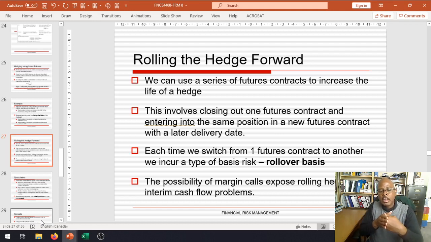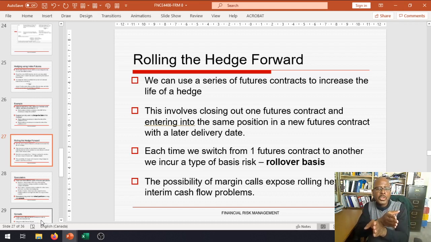If there are no contracts that mature on exactly the day your spot position is going to mature, or if you're not sure when your spot position is going to mature, that is, you're not sure when you're going to be buying the commodity or buying the pound sterling or selling the commodity itself, then what you do is you don't take a futures contract exactly to that day, but instead you go a little bit beyond the day that your spot position is going to mature.